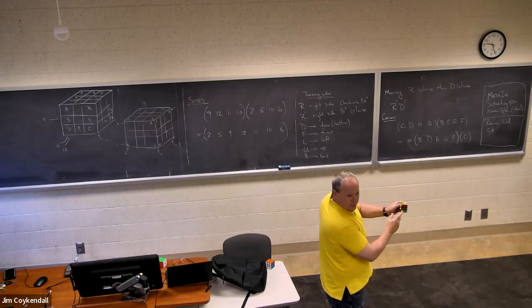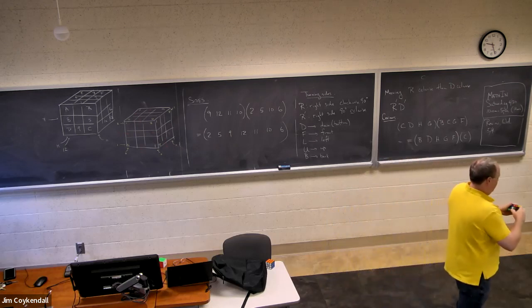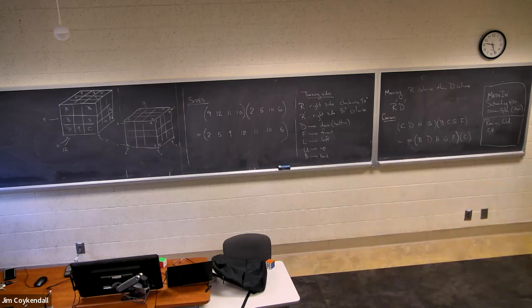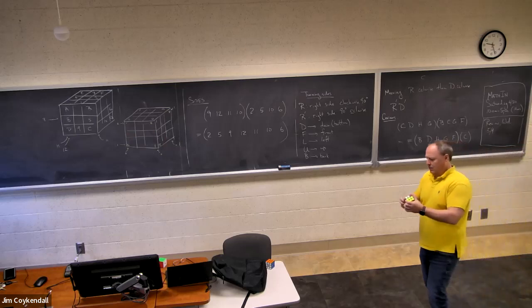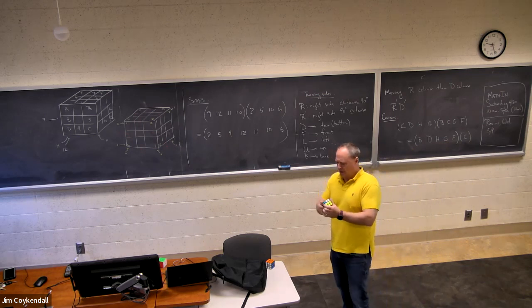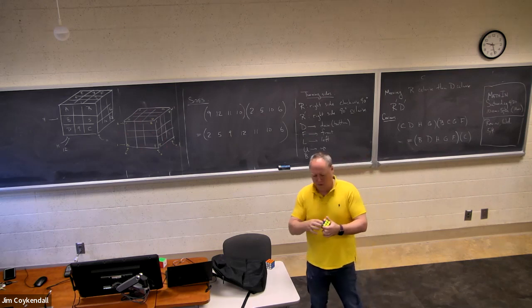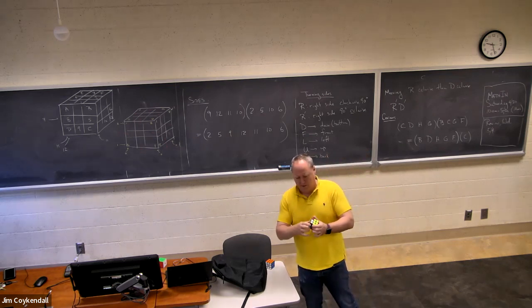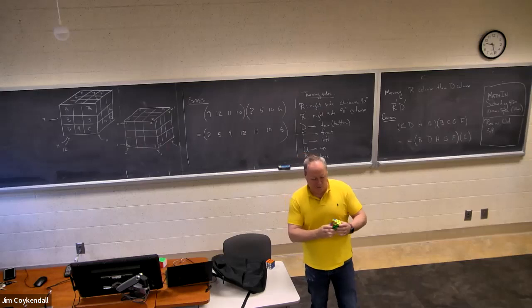Now it's all twisted, right? 2, 3, 4, 5, 6, 10, 11, 12, 13, 15, 16, 17, 18, 19, 20, 6, 7, 30, 1, 2, 3, 4, 5. And here, folks, we have solved cube.